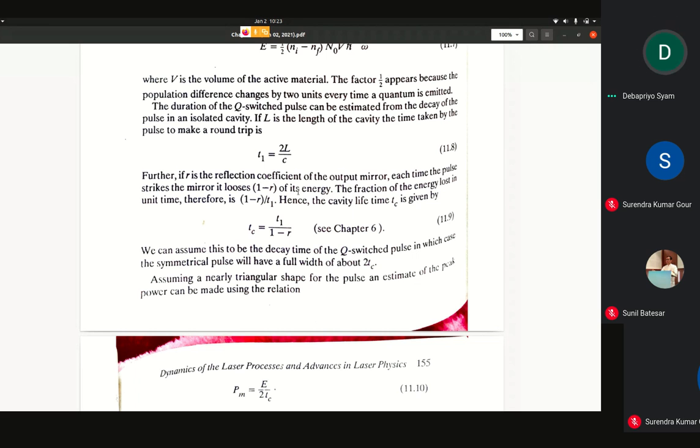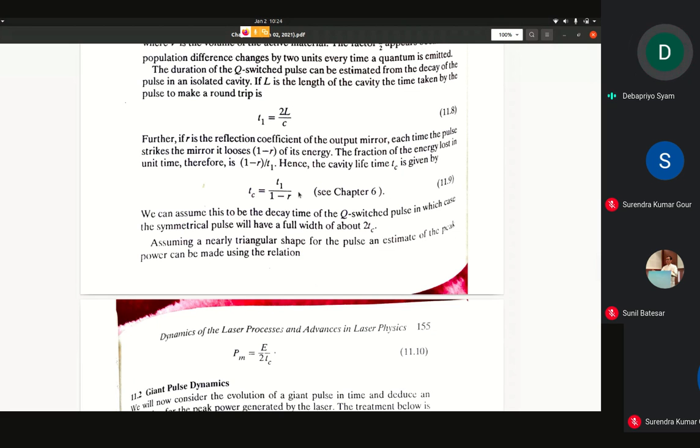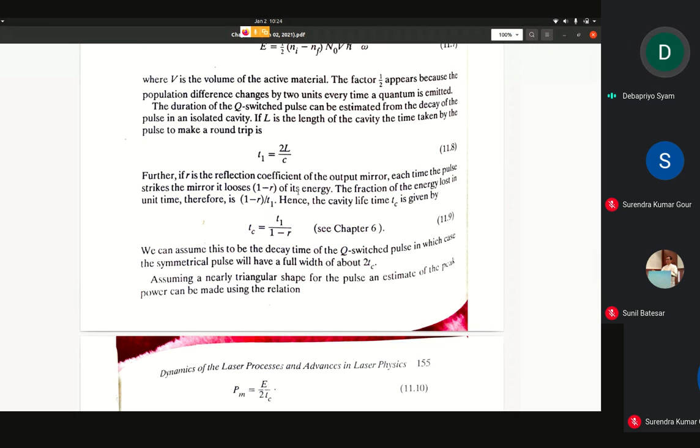Okay, I think I should quickly finish. Suppose T1 is 1 nanosecond and R is equal to 0.95.